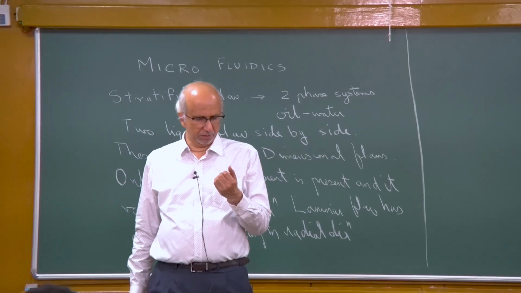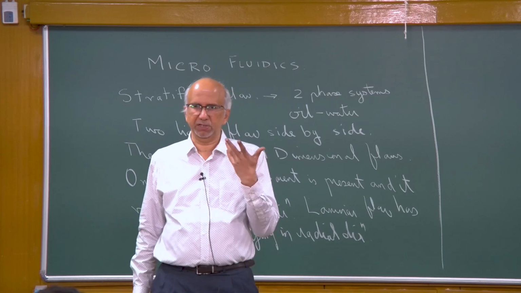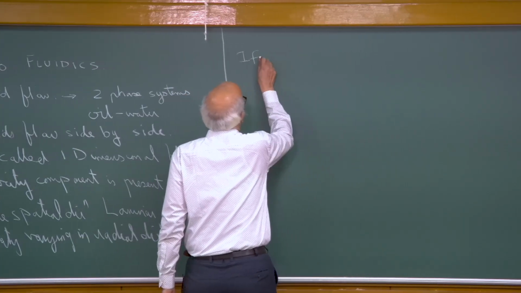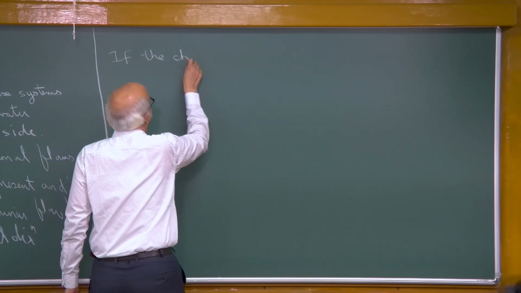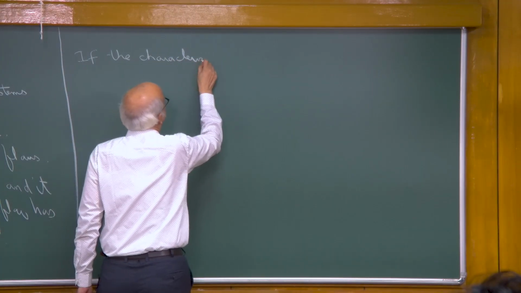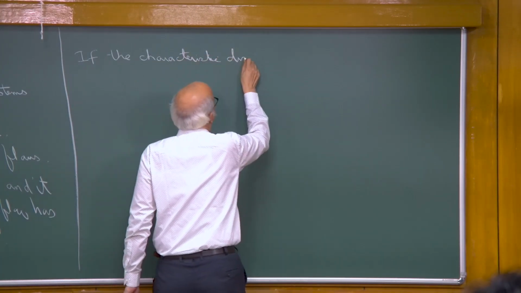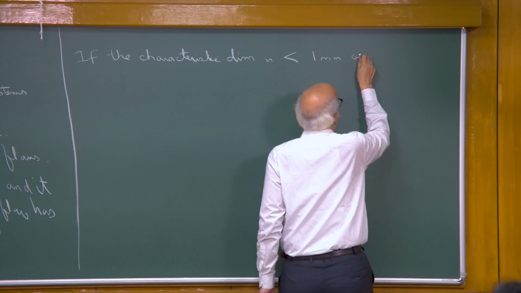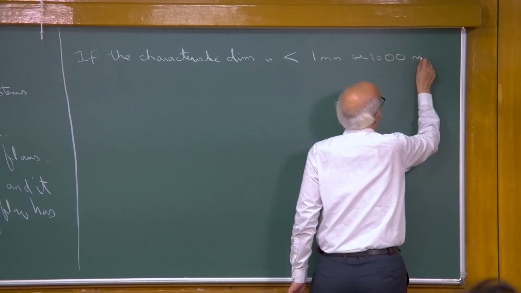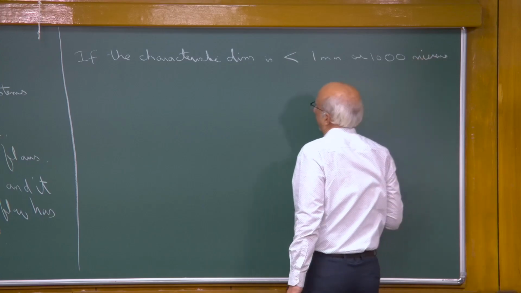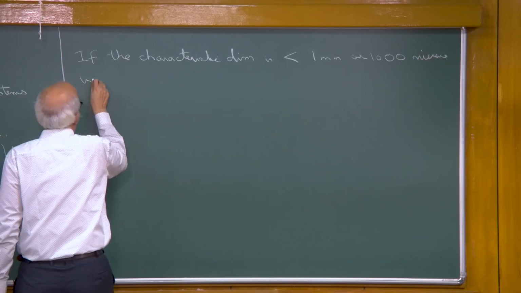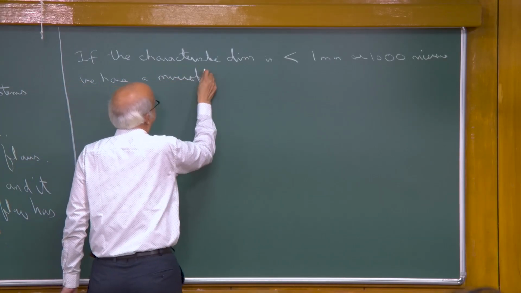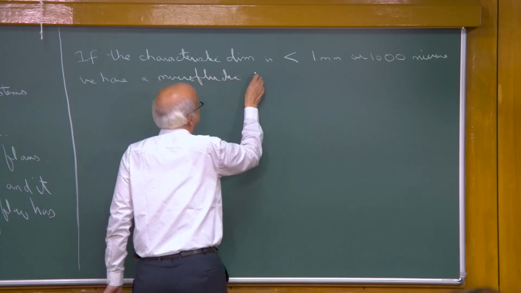Now, what is the motivation for doing microfluidics? First, what is microfluidics? If the characteristic dimension is less than 1 millimeter or 1000 microns, we have a microfluidic system.